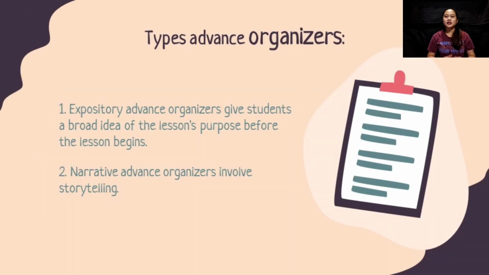There are two types of advance organizers, the expository advance organizer and the narrative advance organizer. An expository advance organizer gives students a broad idea of the lesson before it begins. So this expository advance organizer gives students an idea related to your lessons before you give the exact topic you will tackle.